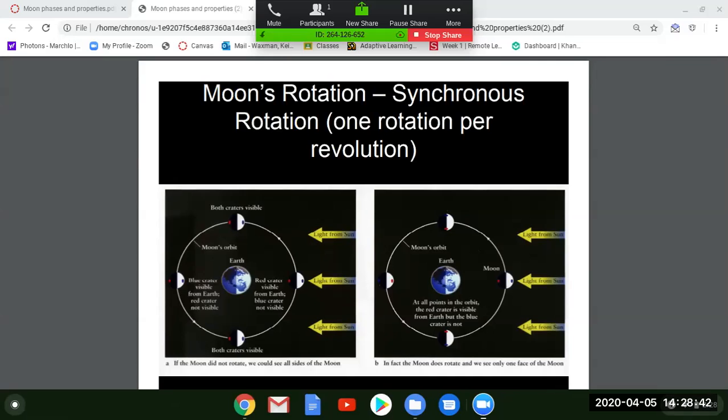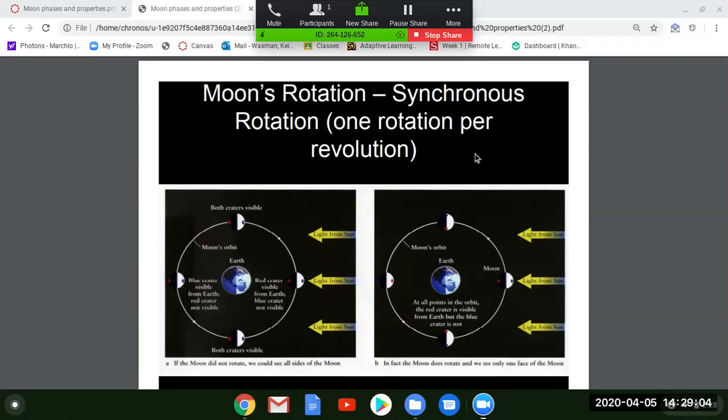When the basketball stops rolling, that weight will be pointed towards the ground, closest to the ground. The moon has a little bit more mass on one side than the other, and that side always stays facing towards Earth. So the moon does rotate. The moon does spin, but it spins once for every revolution.